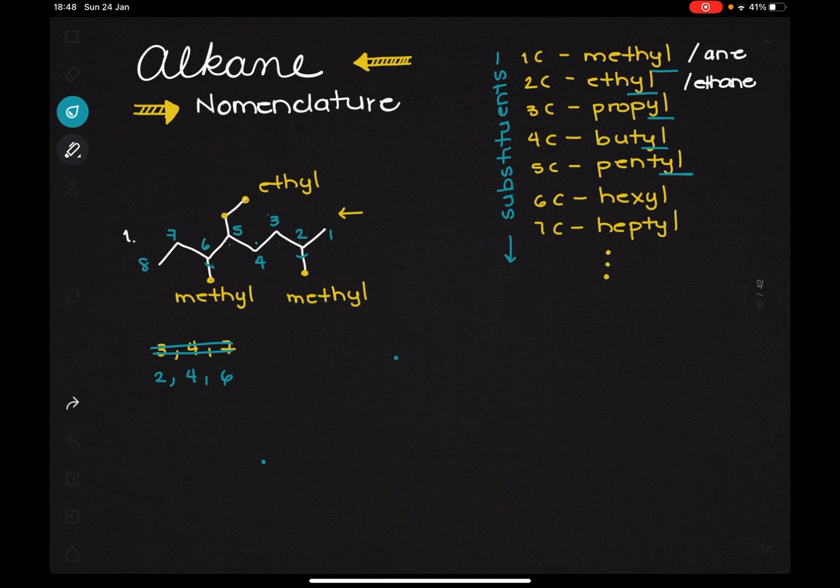Now for the name. The first thing that I'm going to put is my last name. My last name is the continuous carbon chain. In this case it is octane. So this is my longest continuous chain.